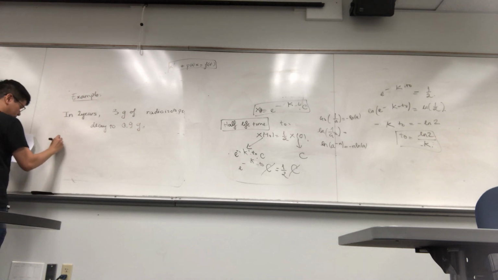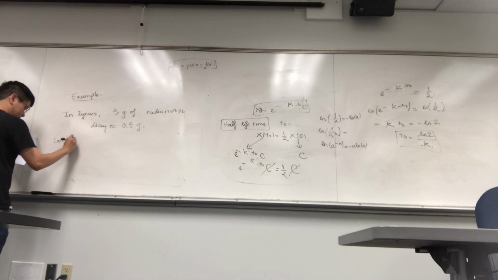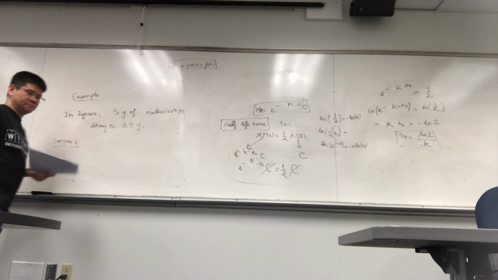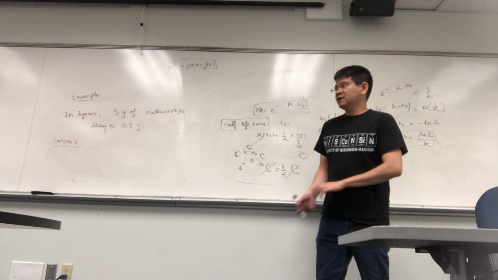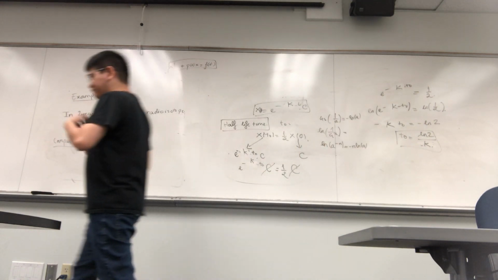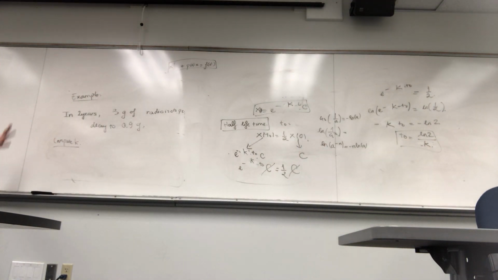So compute k. We have 3 gram of radioactive material. In 2 years, it is decaying from 3 gram to 0.9 gram. So we have to compute k.